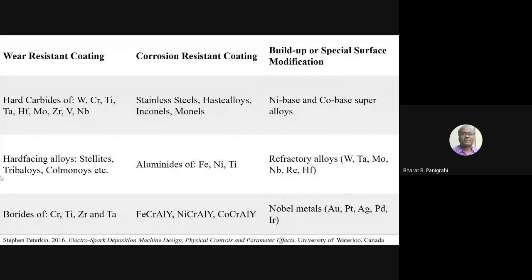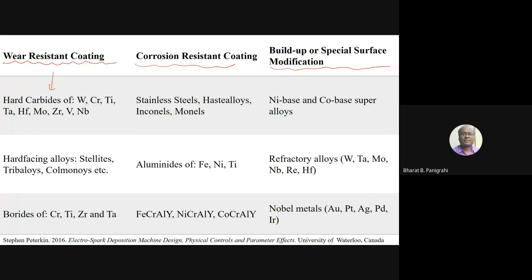This is just a table. Sorry for the mess. I asked my student to prepare the slide, so he has put it the way he does for a PhD. What I want to say is that there are a variety of coatings: at the top, wear resistant coatings, then corrosion resistant coatings. There are a lot of things used for surface modification. These are some of the basic coating materials, like hard carbides.